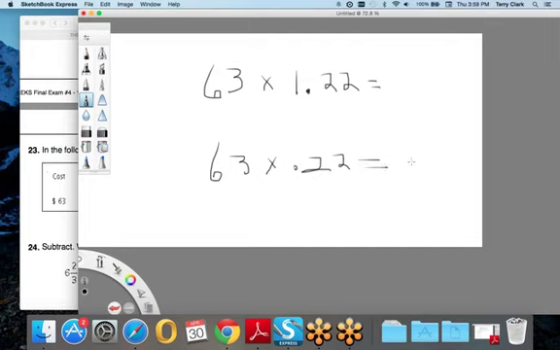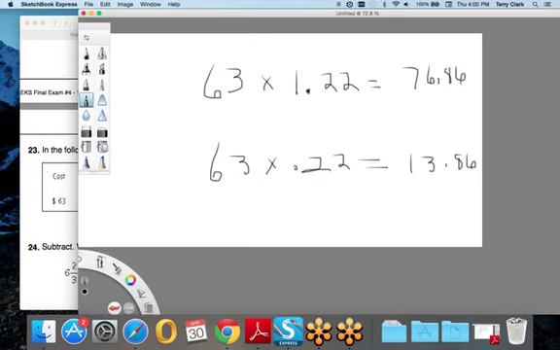63 times 0.22. So the markup is 13.86. And the selling price, 63 times 1.22, is 76.86.